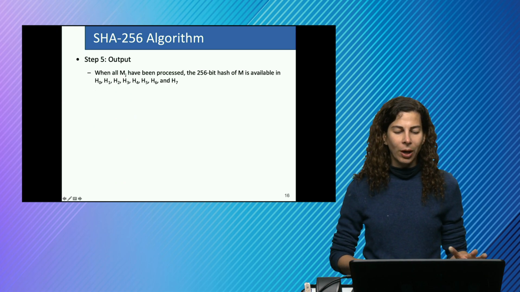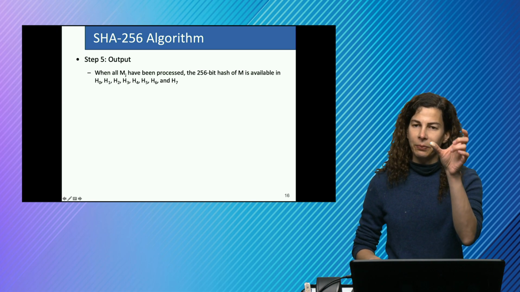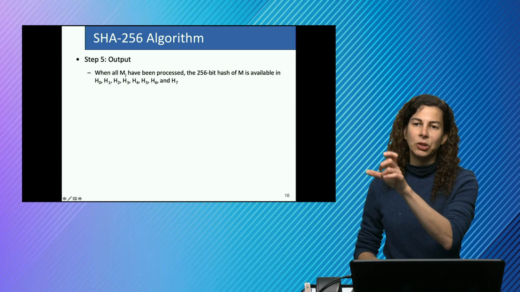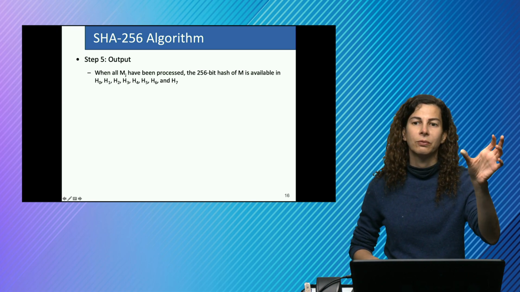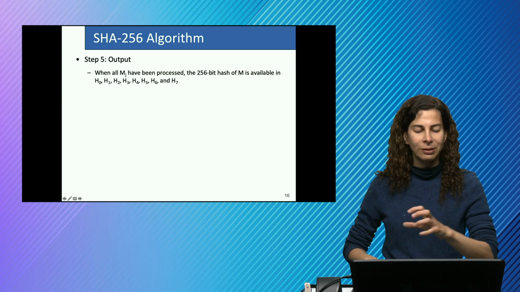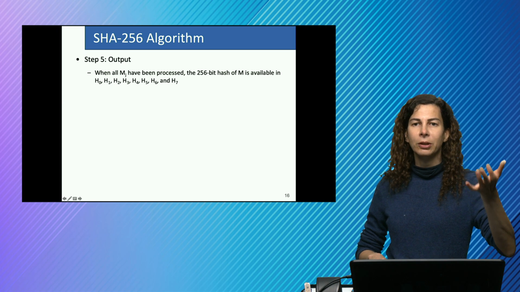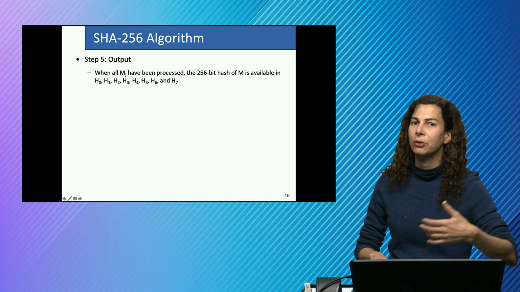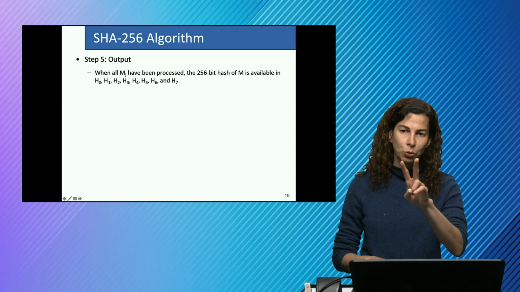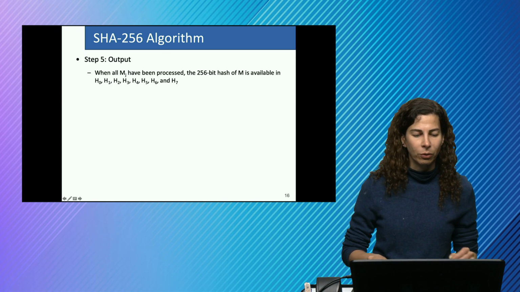Now, after we process all the components of the message, each 512, this algorithm that we just discussed works on the 512-bit input. Now you have multiple of them. In particular, for the example we had 2 of them for 1024 bits.